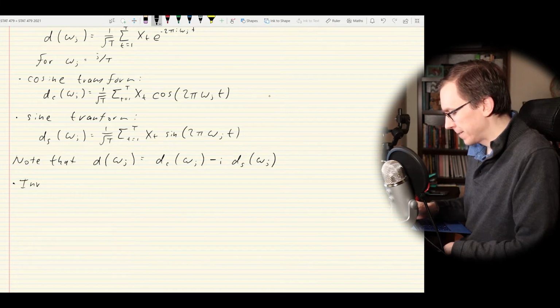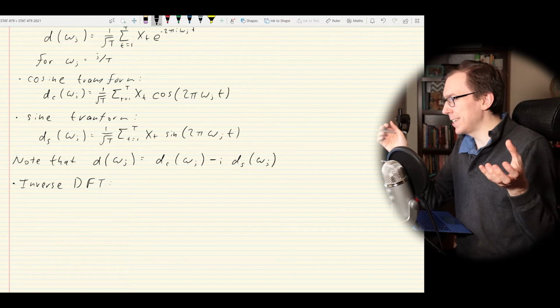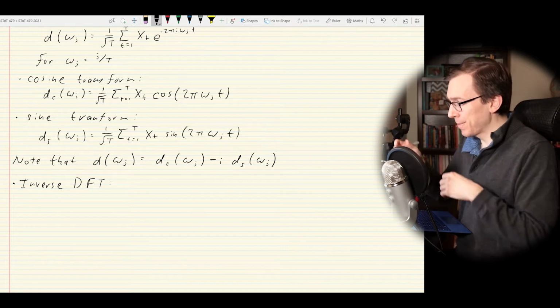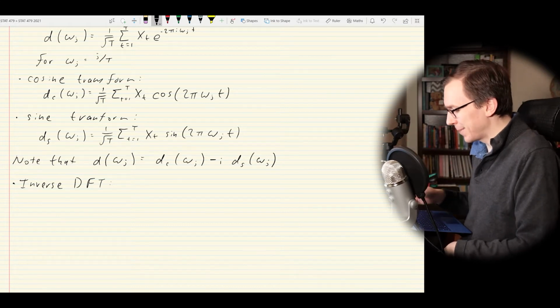So the inverse discrete Fourier transform. Remember, the Fourier transform is just a linear transformation. Linear transformations are not necessarily invertible, but this one we can invert.